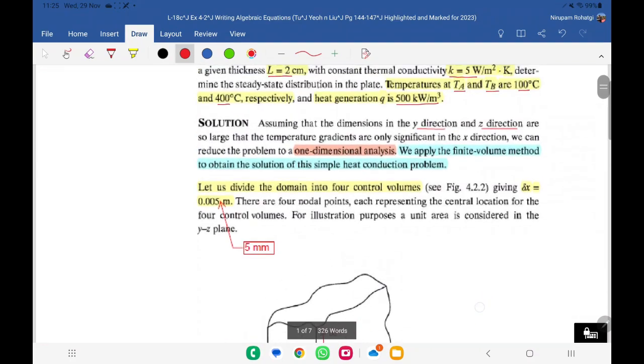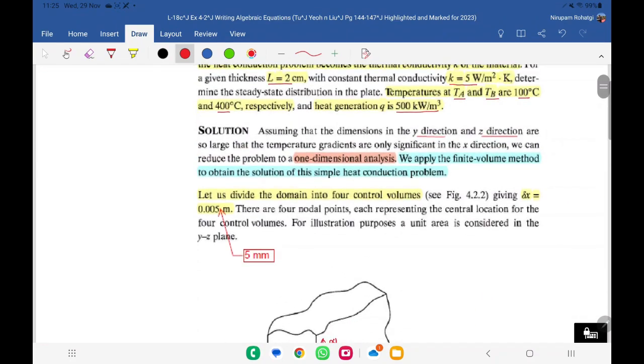Now how we are going to do it is, assuming that the dimensions in y direction and z direction are so large that the temperature gradients are only significant in x direction. So we are assuming that temperature is varying only in x direction. We reduce the problem to one dimensional analysis.